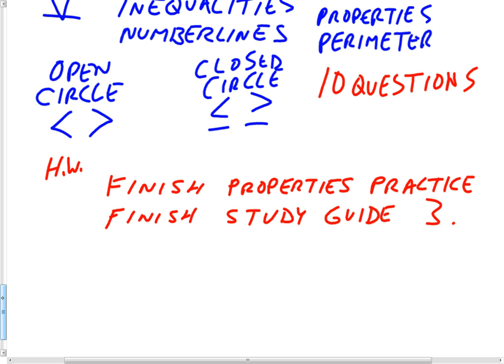All I'm looking for is that you are saving all of the corrections, all of the old quizzes, all of the old tests, and all these study guides. They should be all together in one place. That's all I'm looking for on Monday. As long as it's neat and organized and there. Okay. I'll just be calling your name during the test and taking a quick look at it.